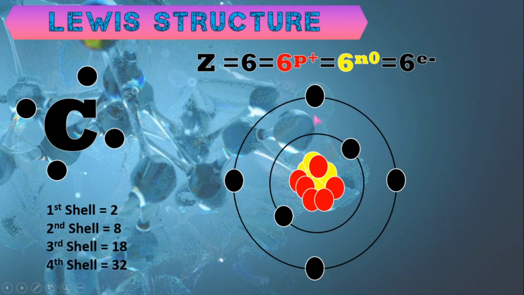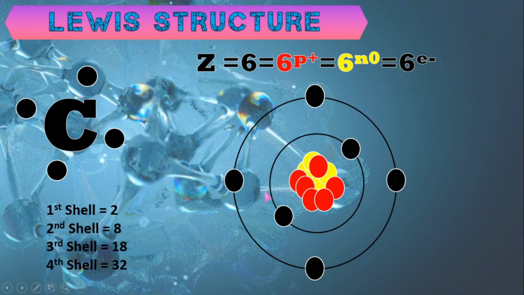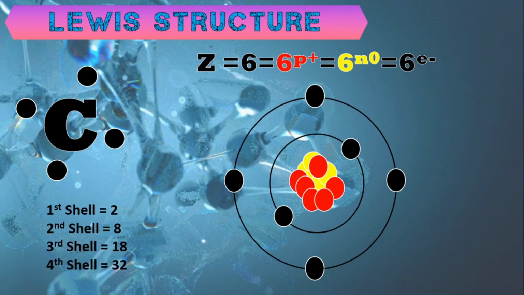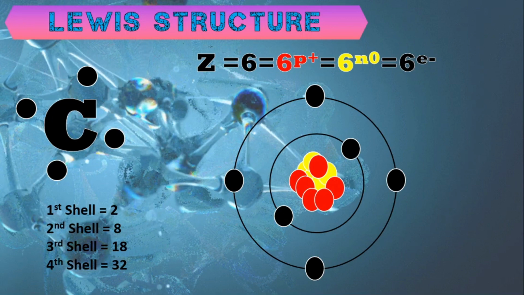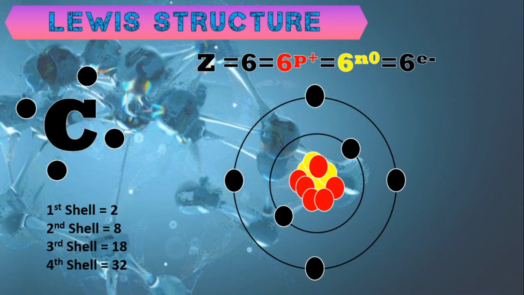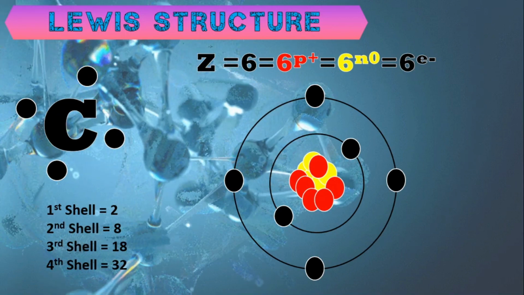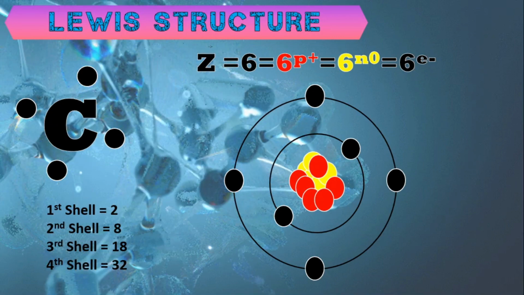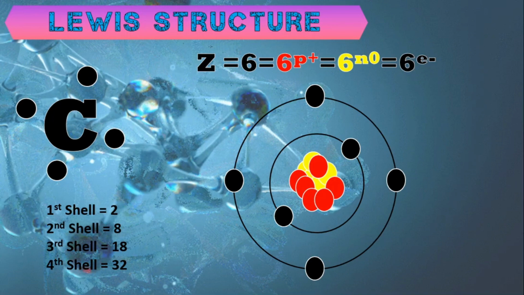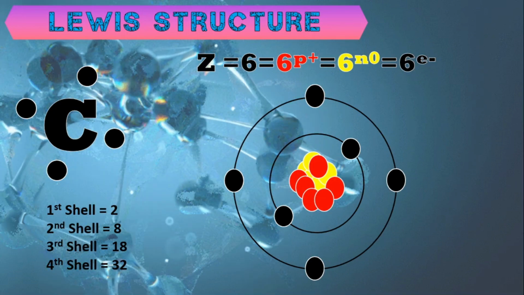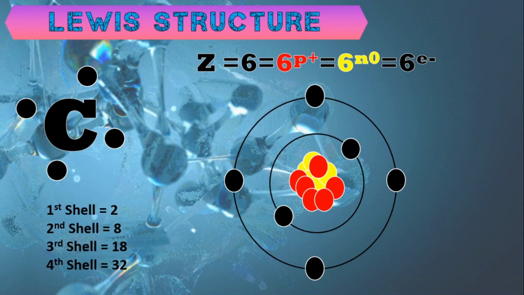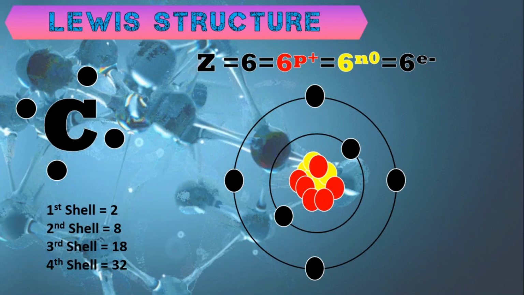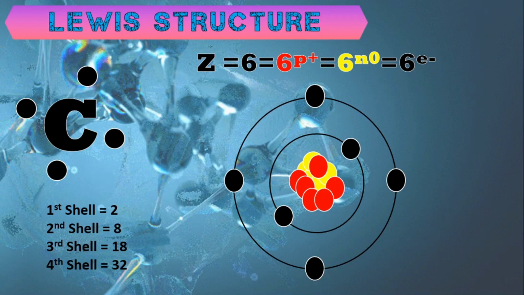Next is the second shell, it can carry up to 8 electrons, third shell 18 electrons, and fourth shell 32 electrons. Now the electrons on the outermost circle, regardless of the number, will be the valence electrons of that atom or element.